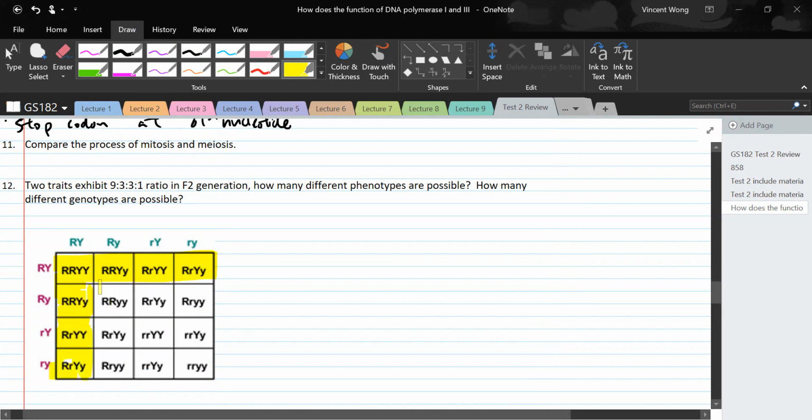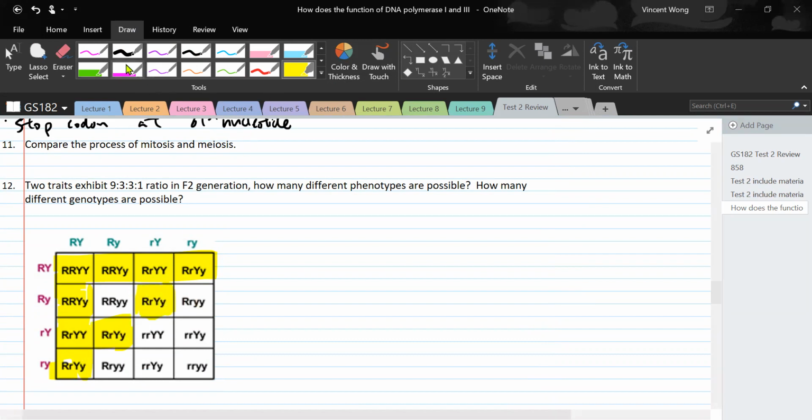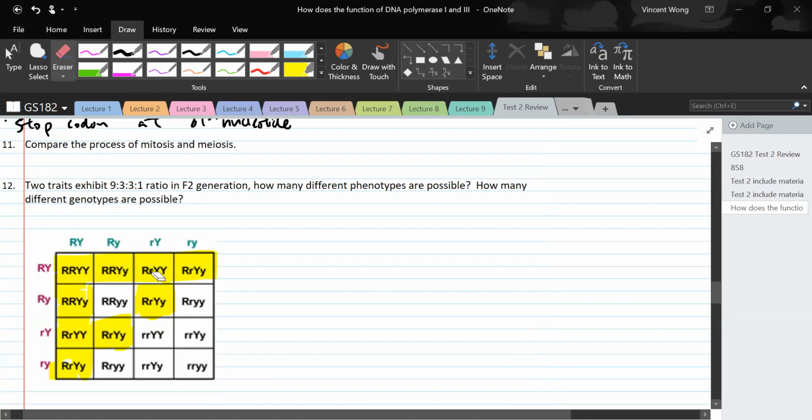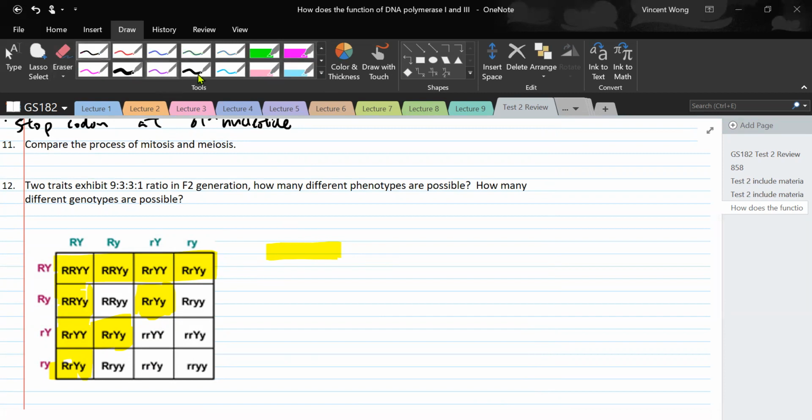So all the ones that I am highlighting right now, those are gonna be the dominant, if we're talking about 2 traits. All these yellow ones are the ones that have the dominant trait and the dominant trait.